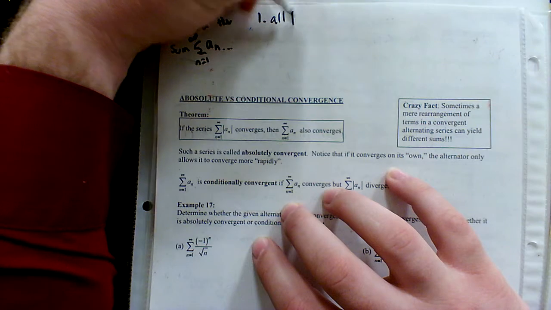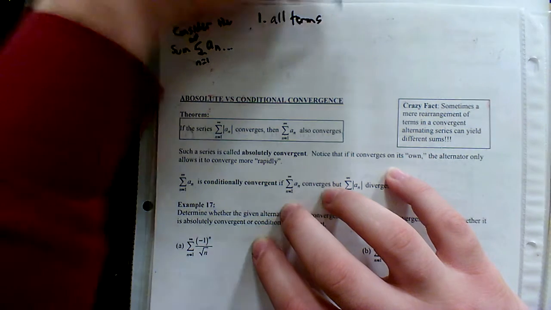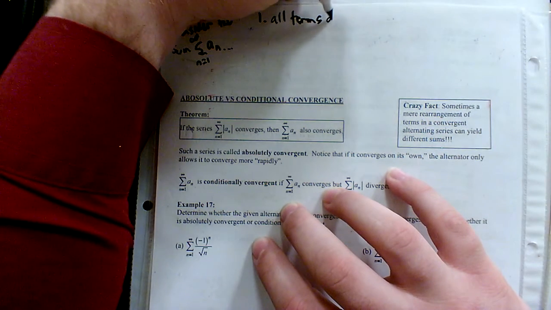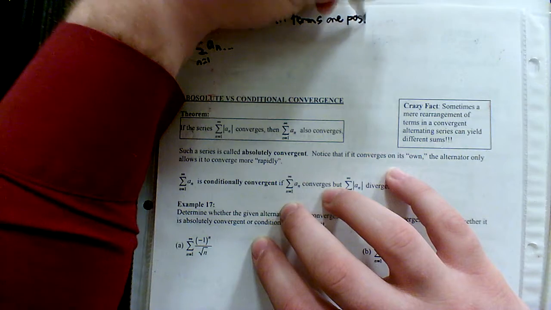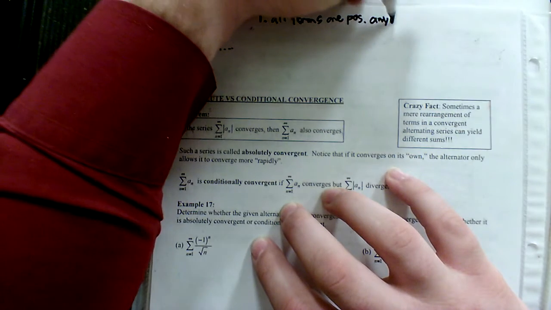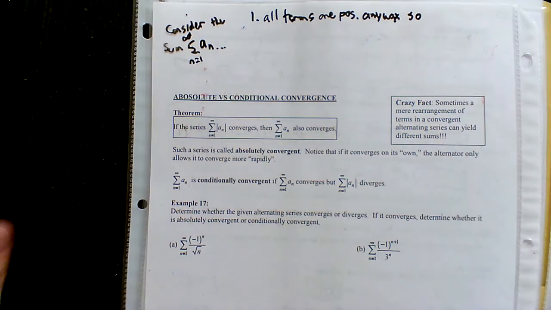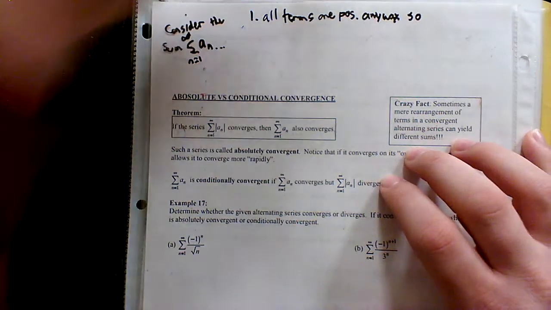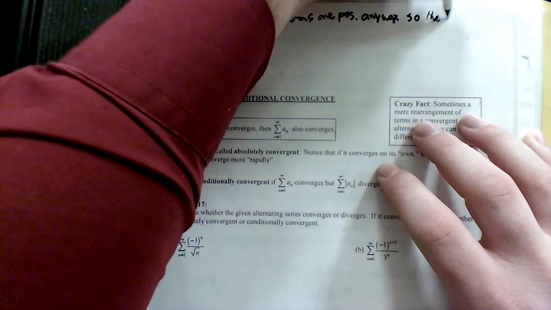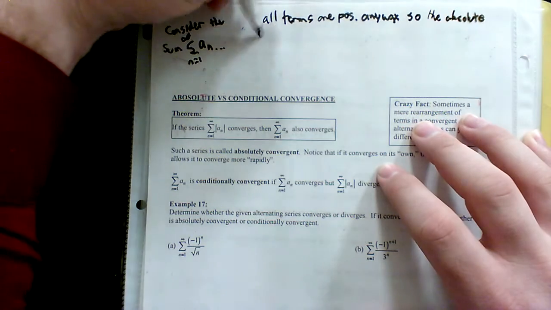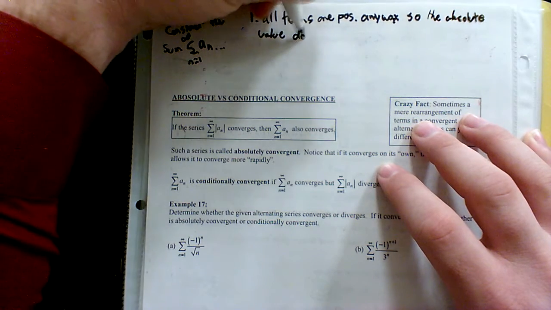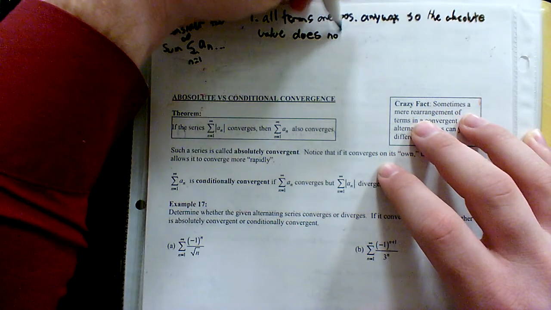So consider the sum from 1 to infinity of an. All terms are positive anyway, so the absolute value does nothing. What we're writing is going to refer to the theorem below.